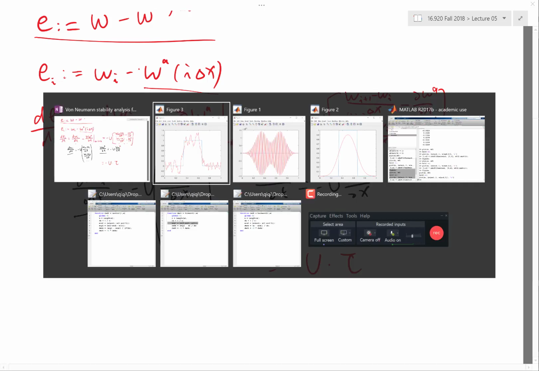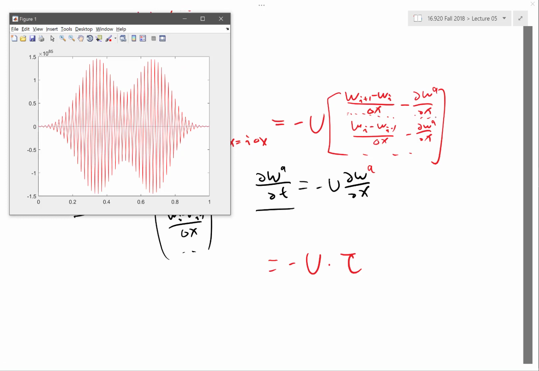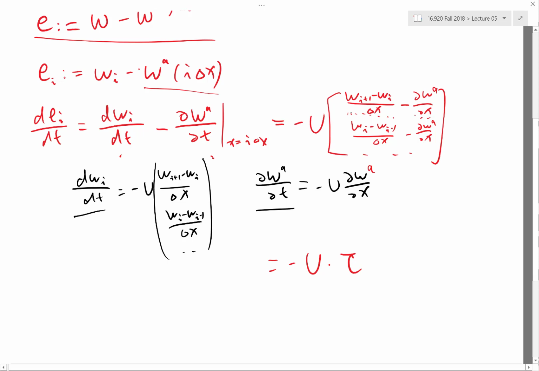And as we can see, for example, here, are the numerical solution and analytical solution the same? No. The numerical solution is 85 orders of magnitude larger. So if I take the numerical derivative on a function that is 10 to the 85, while taking the derivative of the analytical solution, which is on the order of 1, is that the truncation error or not?